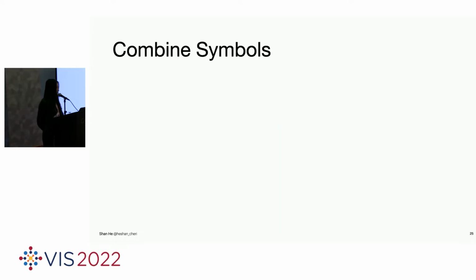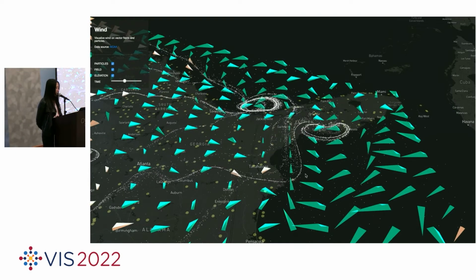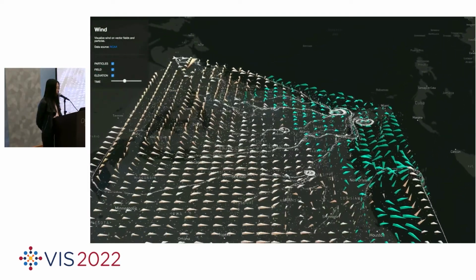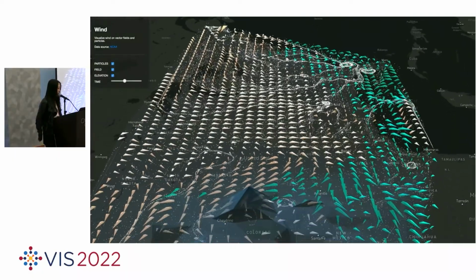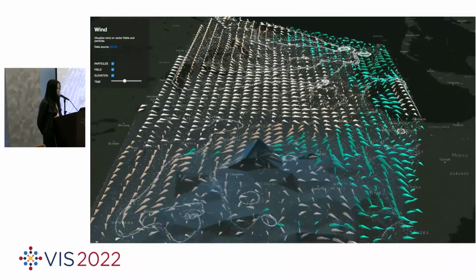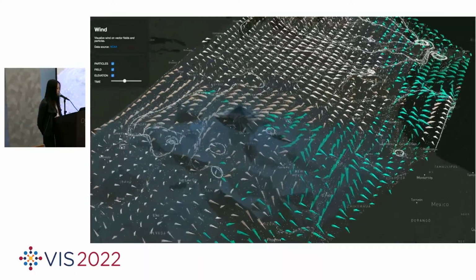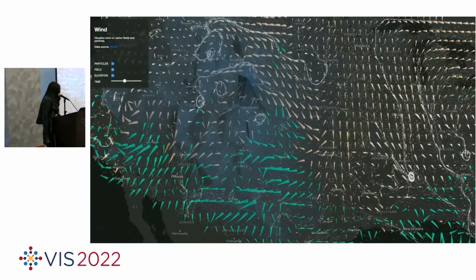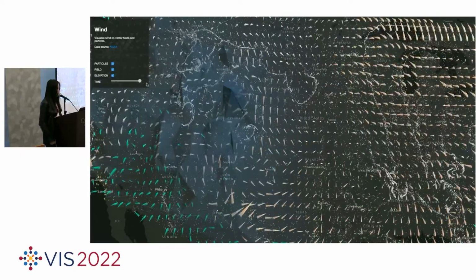So the last one: we just talked about all the symbols, but most of the real world maps are drawn by combining different symbols. We use different symbols to represent data that are relevant to its shape. In this map, we're showing wind surface flow versus the measurement of actual wind speed from different weather sensor locations.